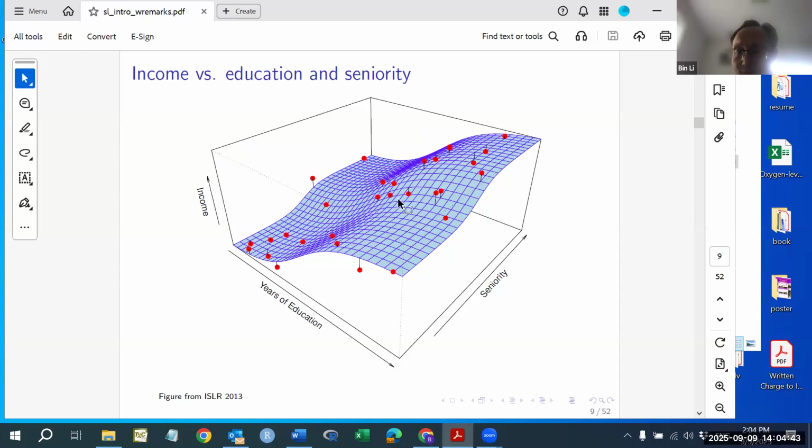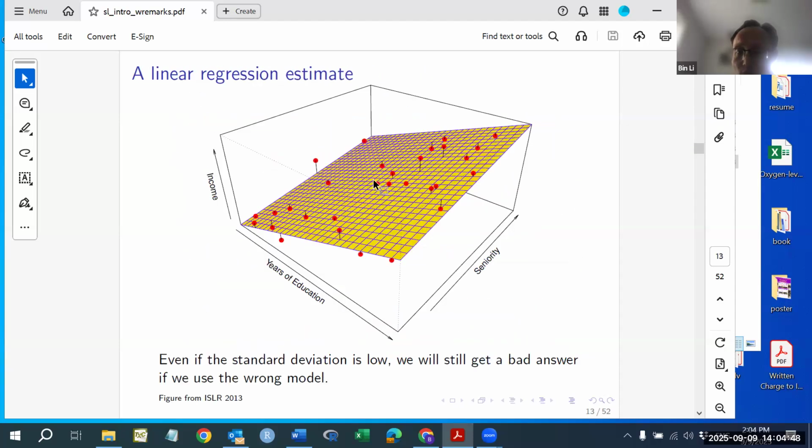Most of the data points are closer to the surface compared to this one. In this one, we see some points which are quite far from the fitted model. So for the linear model, it works here, but the accuracy may not be that good.